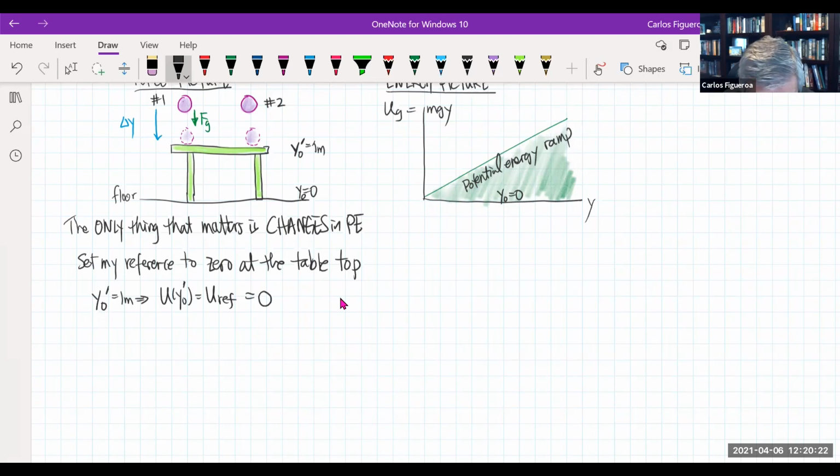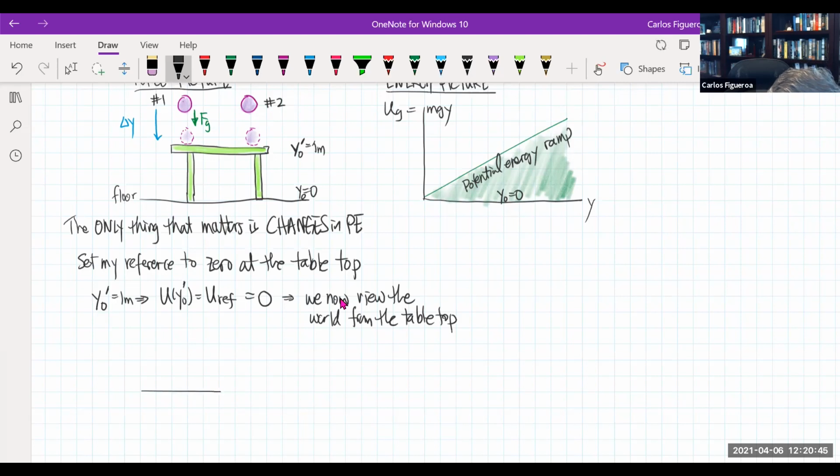So if I do that, then we now view the world from the tabletop. So relative to the tabletop, there is no ground.